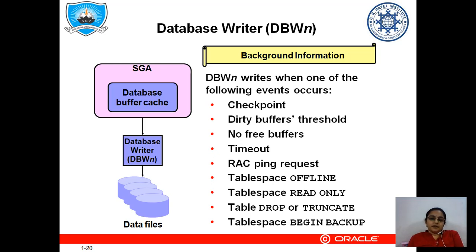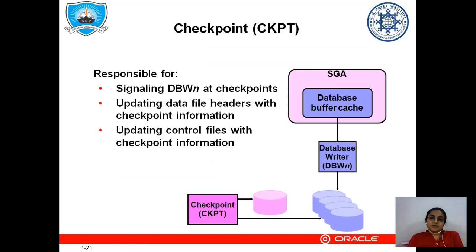Then when the table space is offline, the table space is read only, a table is dropped or truncated, or the table space is being backed up. All these are the events at which point DBWn is activated to write data to the data files. Let's proceed.